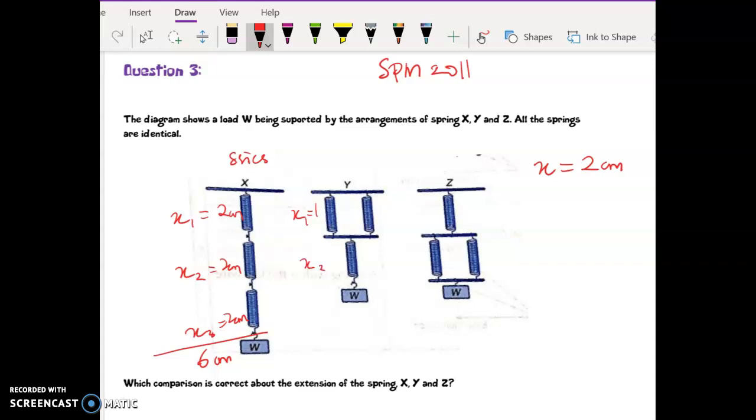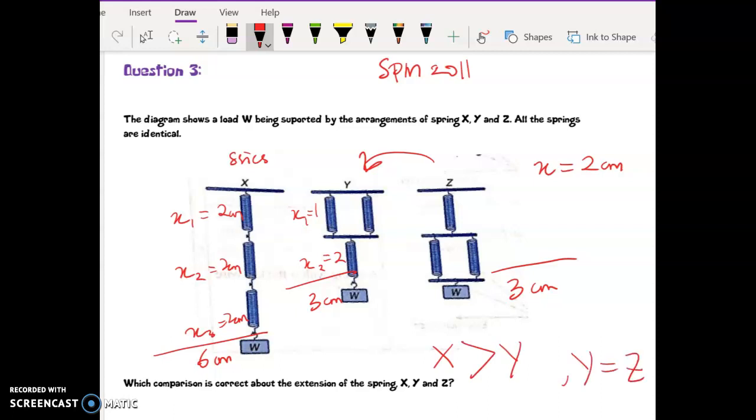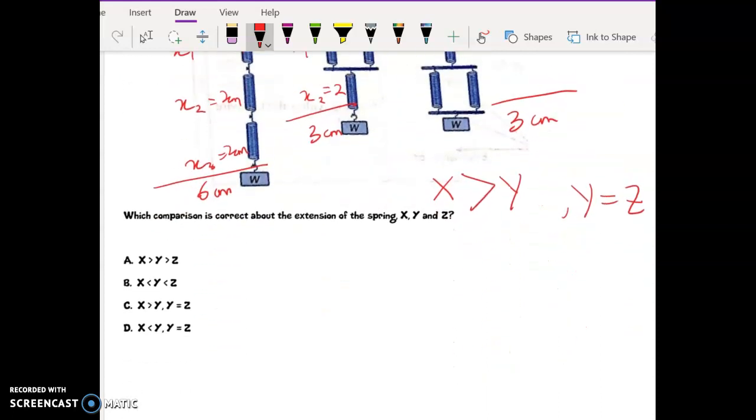For the single spring below it, the extension is 2, so the total extension is 3 centimeter. Z is similar to Y, so the total extension is 3 centimeter as well. Now you can write the relationship. X is the biggest, so X is greater than Y, X is greater than Z, and Y is equal to Z. So the answer is C.